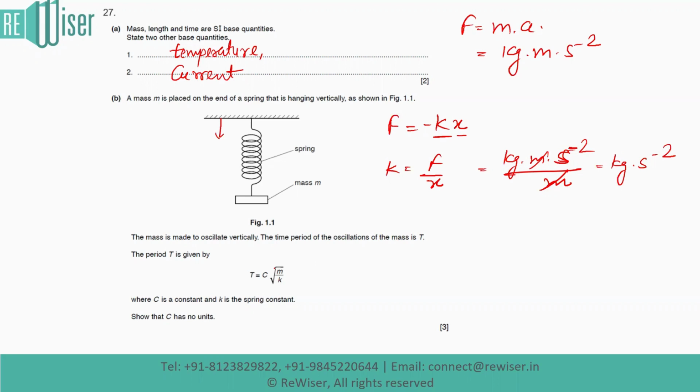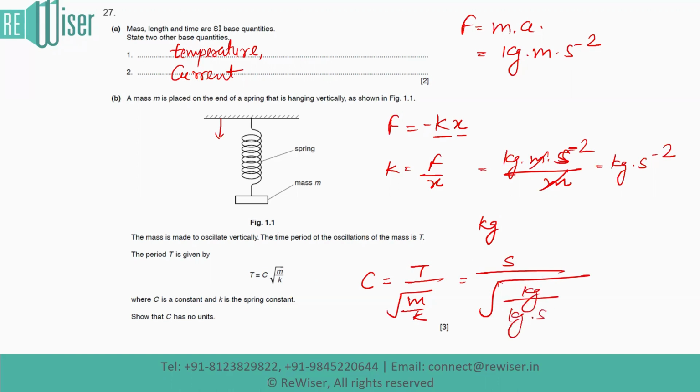M is the mass, so it will have units of kilogram. So for C, because C is a constant, so that C has no units, we can write C as T divided by root M upon K. T has the units of time period, so it will be seconds upon root M upon K. M is mass, kilogram, and K is kilogram S minus 2.